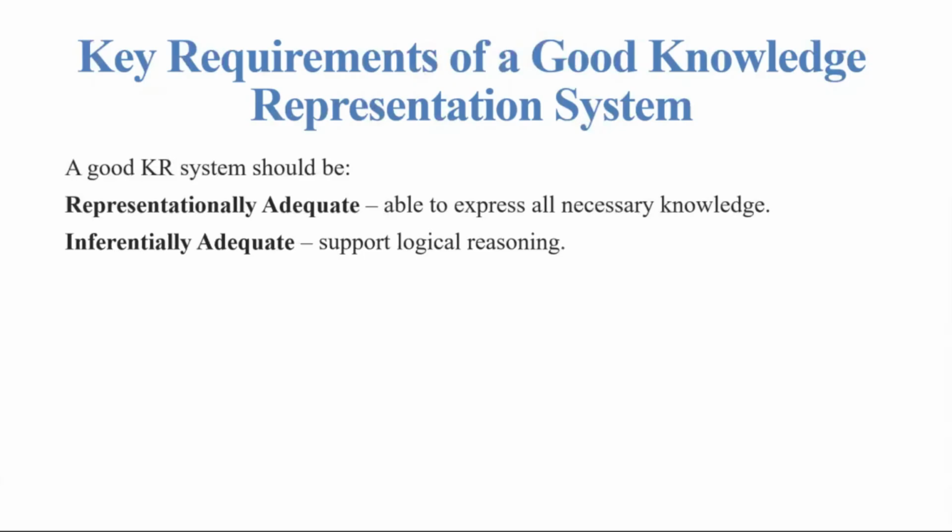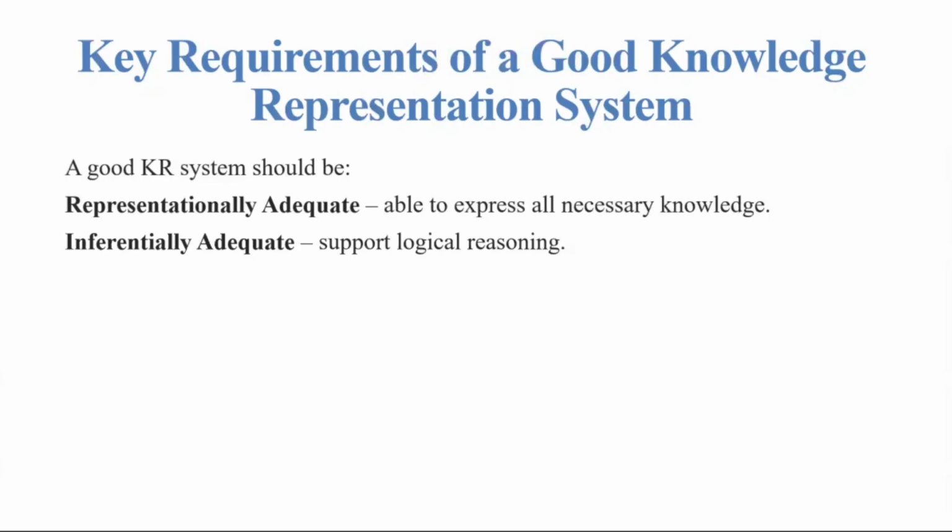The second characteristic is inferential adequacy. Now, storing knowledge is not enough. The AI should also be able to think logically and derive new information from the knowledge it already has. Let's revisit the famous example. Suppose the AI knows all humans are mortal, and Socrates is human.